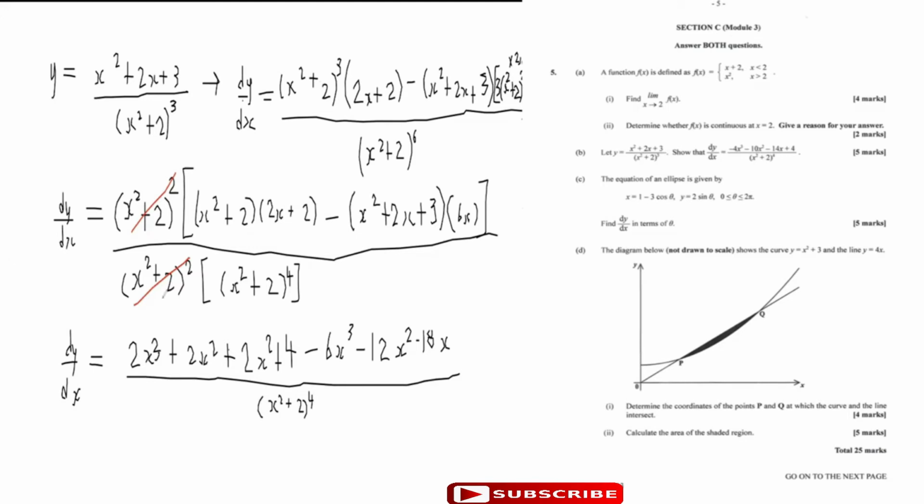All right, so what does this work out to be now? 2x cubed minus 6x cubed works out to give us minus 4x cubed.